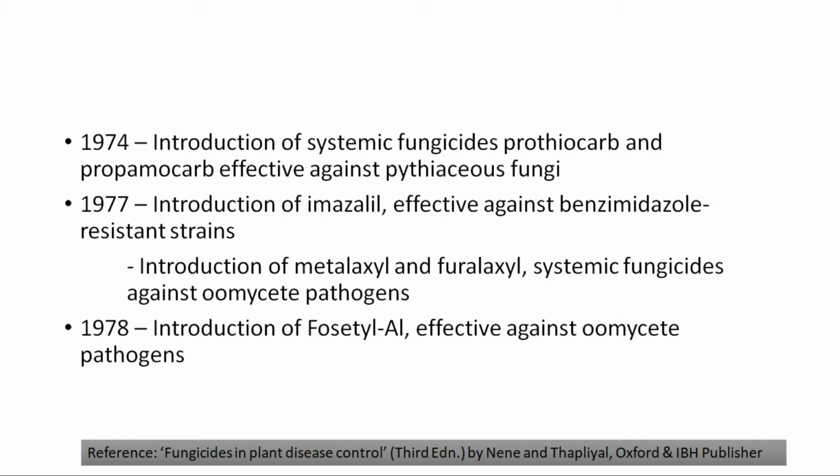Then came metalaxyl and furalaxyl. These are also systemic fungicides, very effective against oomycete pathogens. Oomycete pathogens are Pythium, Phytophthora, Peronospora, all downy mildew pathogens, then white rust pathogens, then Pythium, which causes damping off disease in many crops.